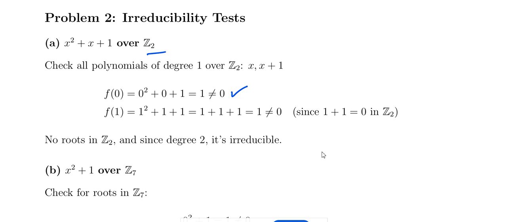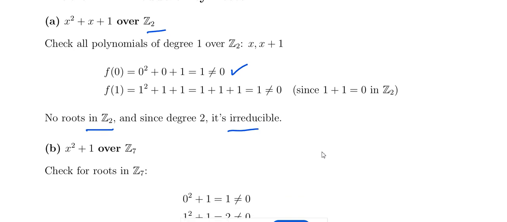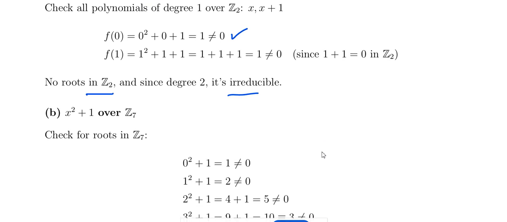So no roots in Z2, because Z2 has only two elements, 0 and 1. So no roots in Z2. So since it has degree 2 with no roots, this polynomial is irreducible over Z2.